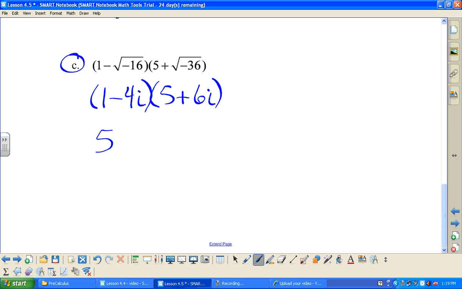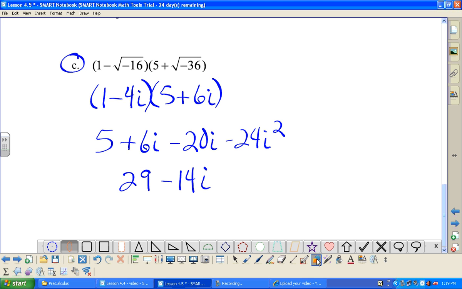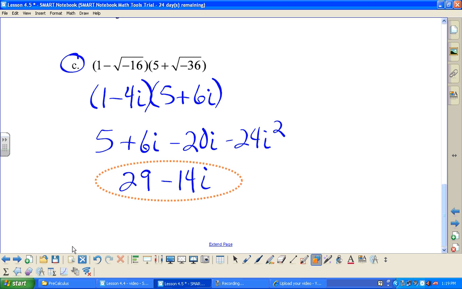So we get 5 plus 6i minus 20i minus 24i squared. So 5 plus 24 will give me 29, and minus 14i would be our answer for that. So there's just some basic reminders about working with complex numbers and the operations of complex numbers.